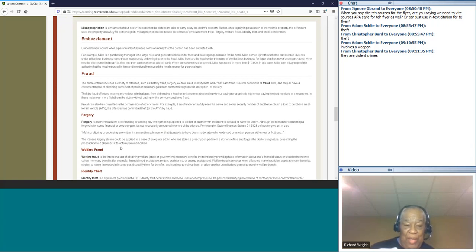Look at Kansas, in the case of an opioid addict who has stolen a prescription and forges the doctor's signature, indicating that the doctor actually signed it. Those are ways that forgery takes place.